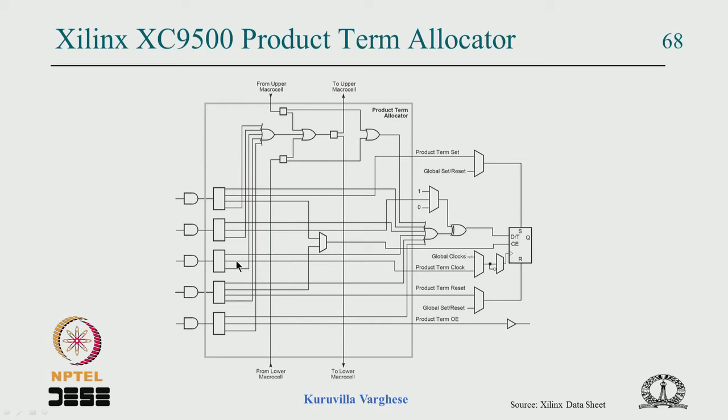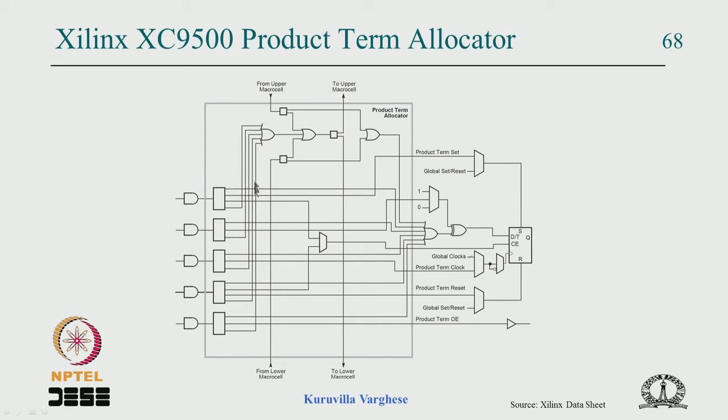Similarly, this one can go to the OR gate to clock it, it can go as clock enable, it can go as product term reset, and so on, okay. And this can go as an output enable. The architecture is a little different between the MAX 7000 and XC9500, but this shows the product term steering.